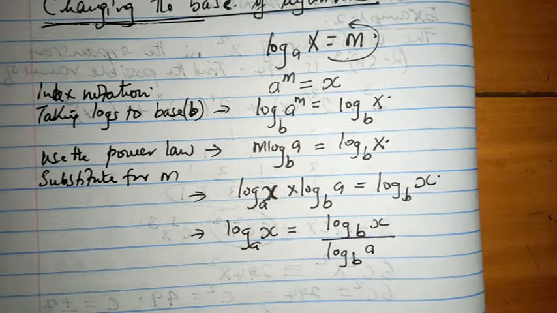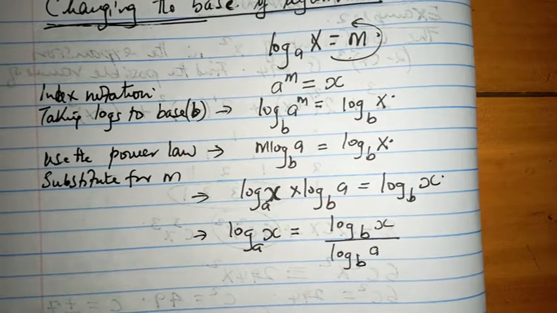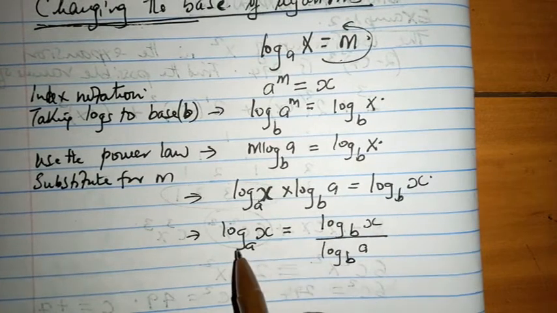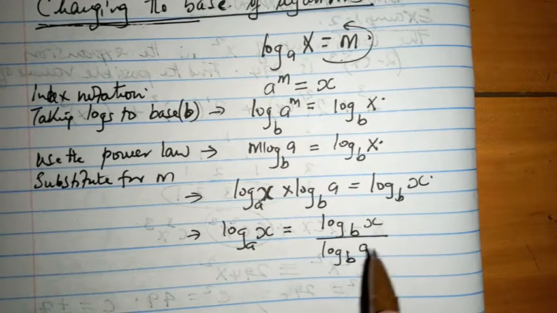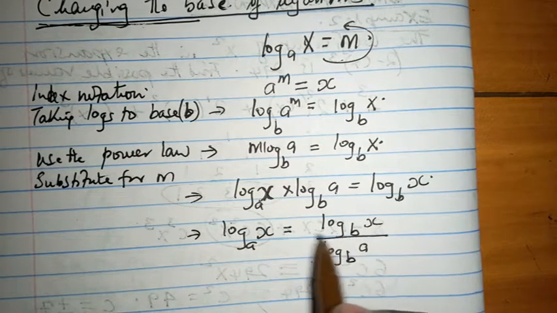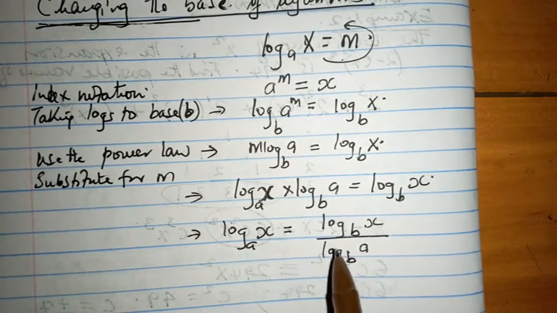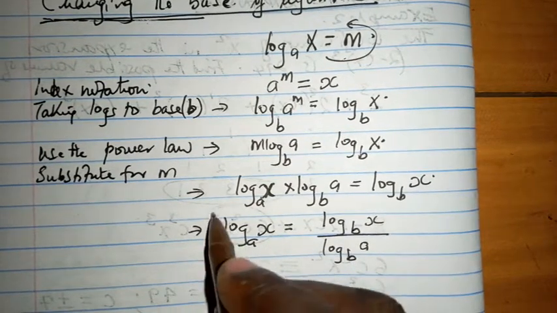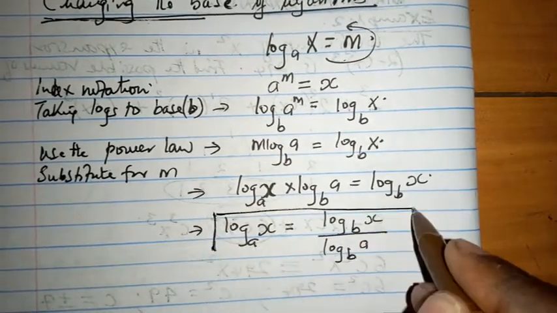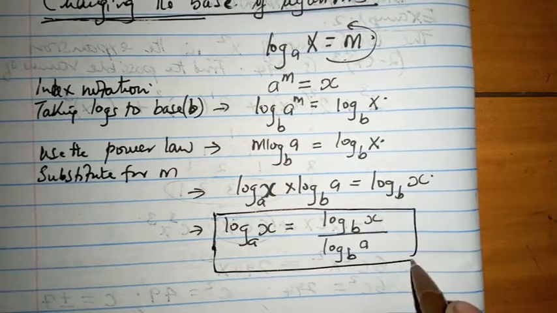And that is just what we have. So if we want to change this base, we can introduce log b of x over log b of a. That is a very important piece of information.